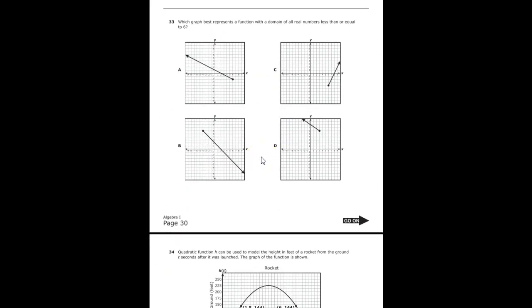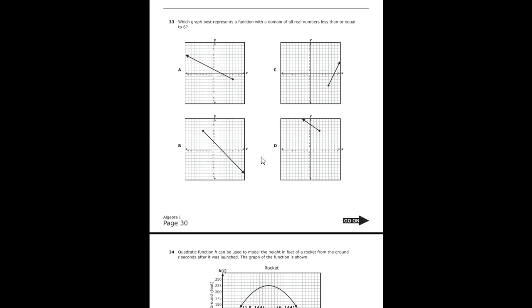Which graph best represents a function with a domain of all real numbers less than or equal to 6? All real numbers less than or equal to 6. So what you're going to have here is your domain is all real numbers less than or equal to 6, which means that it's pointing towards infinity on the negative side.